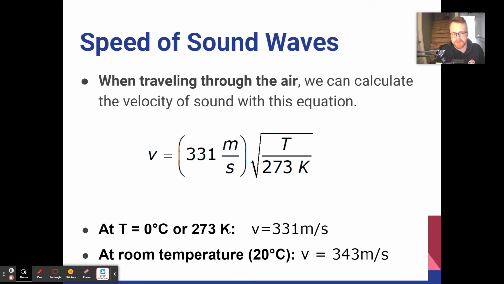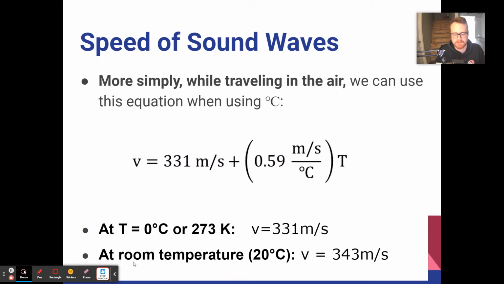And anything above 0 degrees Celsius, anything above 273 Kelvin, is going to increase our sound speed. And anything below 0 degrees, or below 273 Kelvin, is going to decrease our velocity.